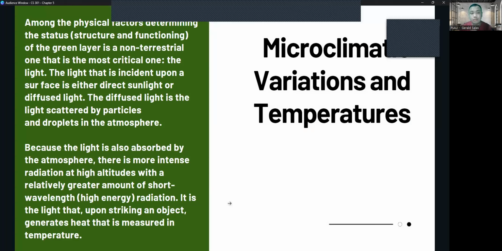Now, the light is absorbed by the atmosphere. And in our atmosphere, there is intense radiation at the higher altitudes with a relatively greater amount of short wavelength high radiation. So in this case, this is where what we call temperature is formed, because of the interaction of the light and the atmosphere.